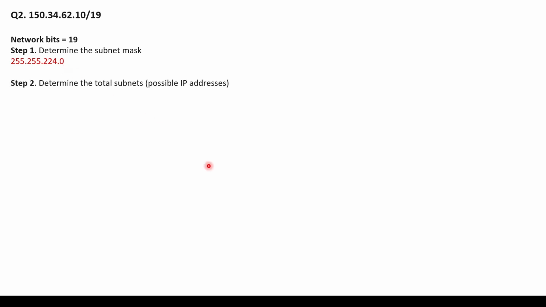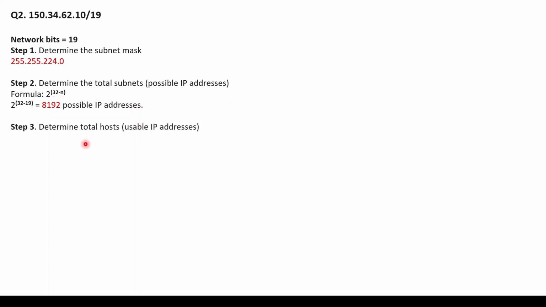So step 2 is to determine the total subnets, which is the possible IP addresses in this range. The formula to do that is 2 raised to the power 32 minus n, where n is the total network bits. So we have a total of 8,192 possible IP addresses.